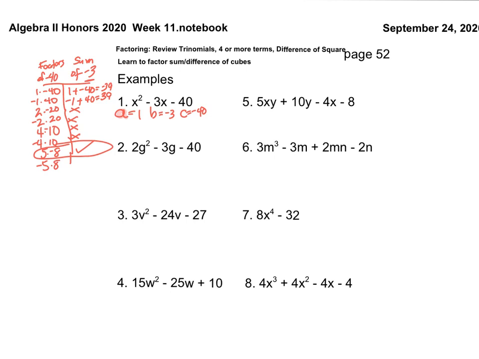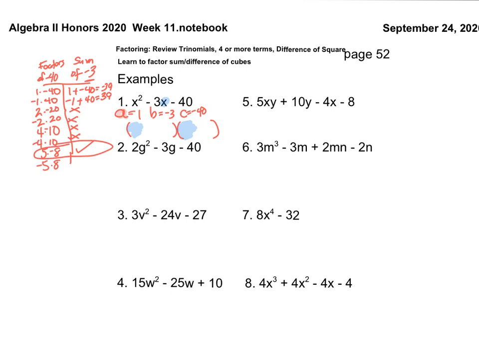The next thing that I do, I need to put my 2 parentheses because this trinomial was created from multiplying 2 binomials. The next thing I have to do after that is to put my middle variable in this spot and this spot, just the variable, not the coefficient of that variable.